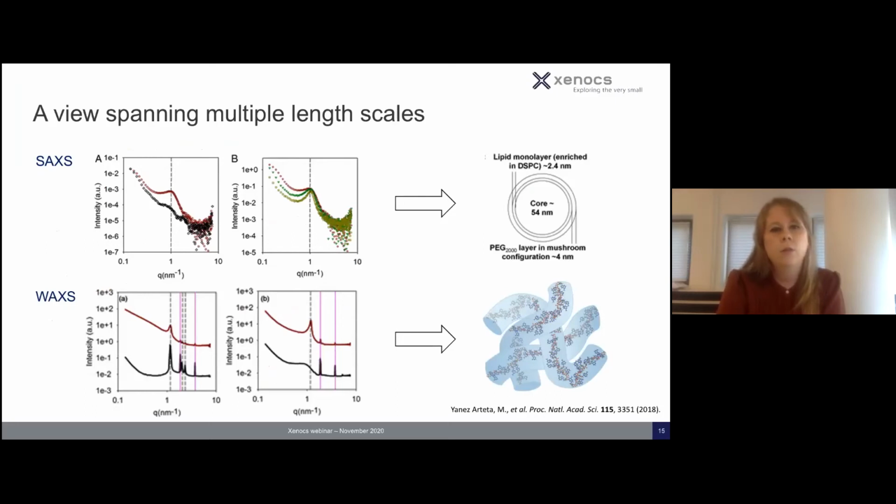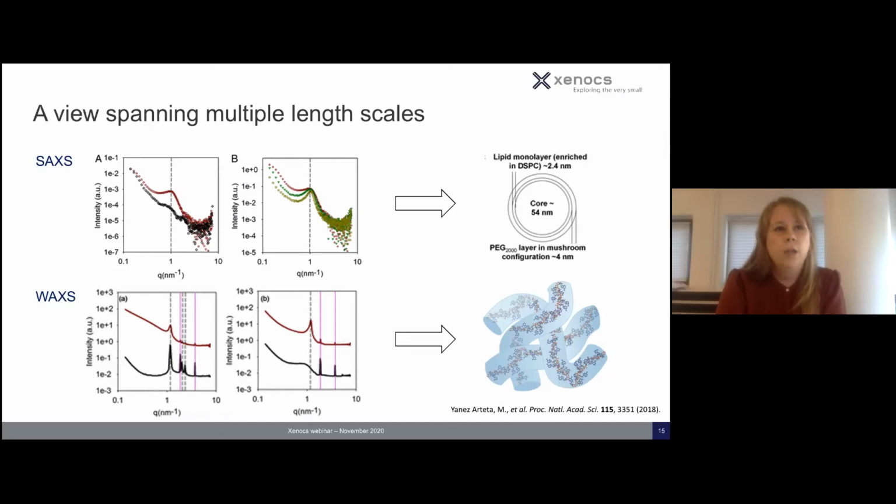Using SAXS, they could show the size of these nanoparticles, and they could see that they were core-shell particles. Whereas with WAXS, they saw that this is an inverse continuous hexagonal phase, and they could see that there was crystalline cholesterol present, as is indicated with these pink lines.